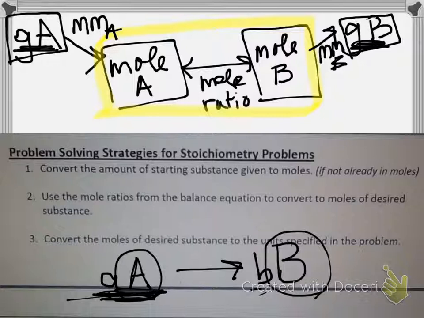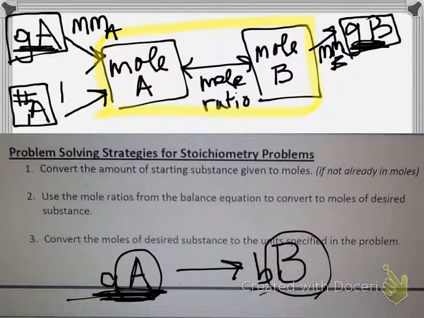I can also be given the quantity of reagent in a number of units. So I could be given numbers of A, like number of atoms, or number of formula units, or number of molecules of A. If I was given numbers of molecules of A, and I want to convert that to moles of A, how do I get from a number of something to a mole? I use Avogadro's number.